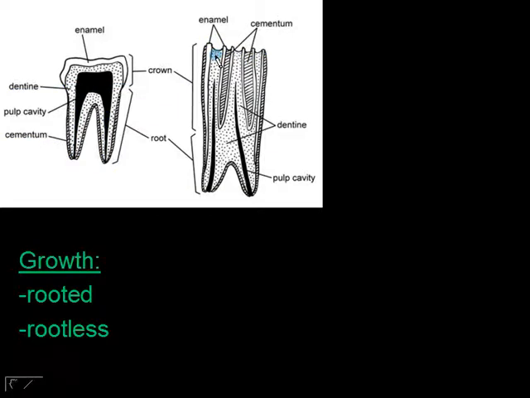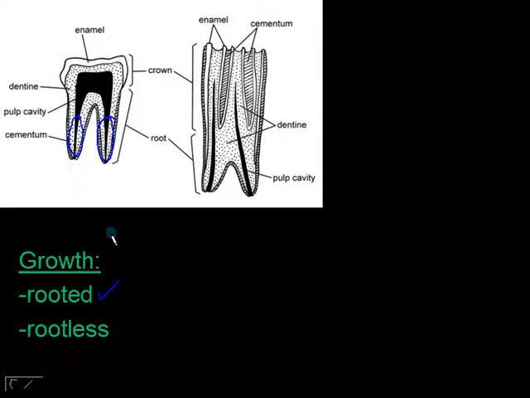So first, the growth of your tooth can be rooted or rootless. When the tooth is rooted, that means that the growth is limited, and it is basically because of the constriction of your root canals. That means the blood vessels are unable to get through, and so eventually your tooth will stop growing.